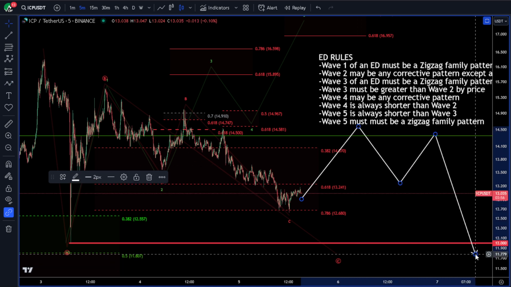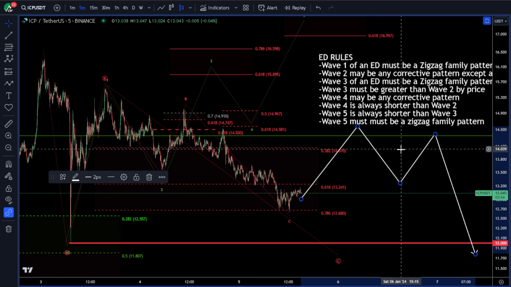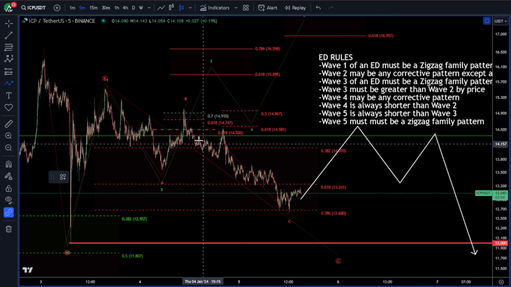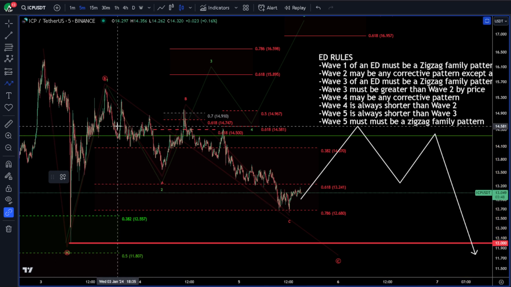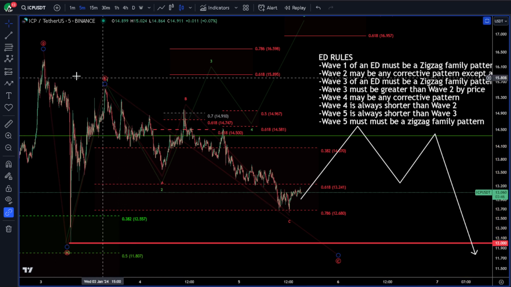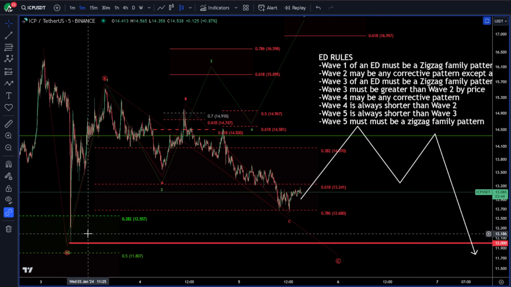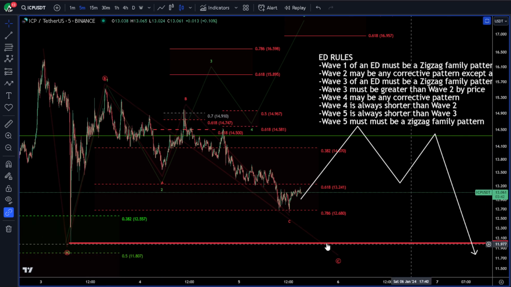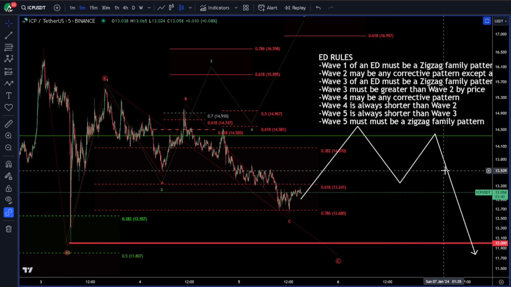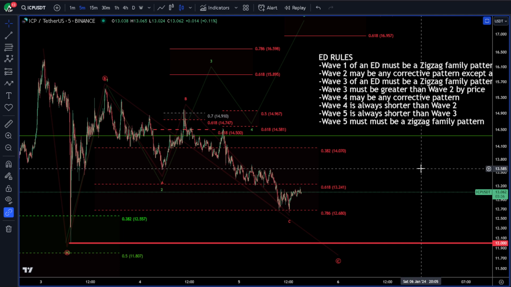But again, we can't get a triangle in a flat, a 3, 3, 5. It has to be the zigzag family in a flat pattern. So we would expect this to actually be a WXY if we end up making a triangle here. So 3 waves after to the downside rather than 5.